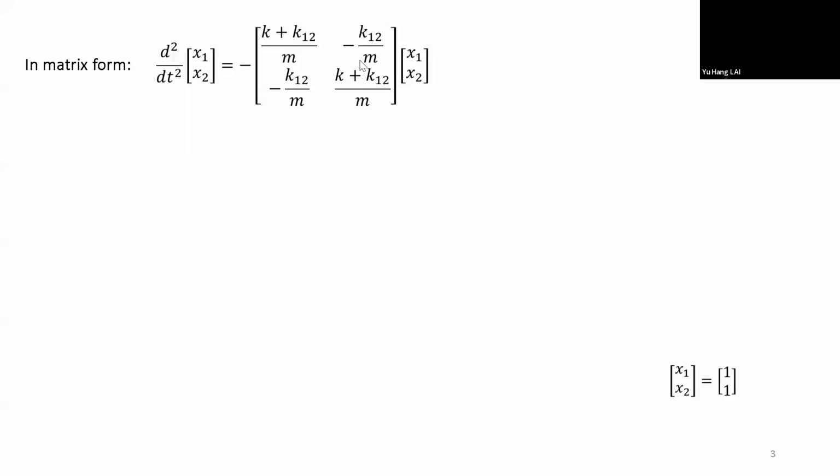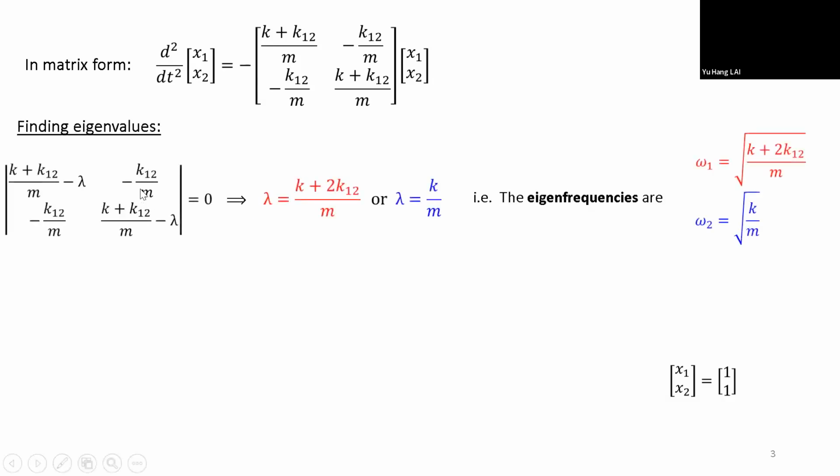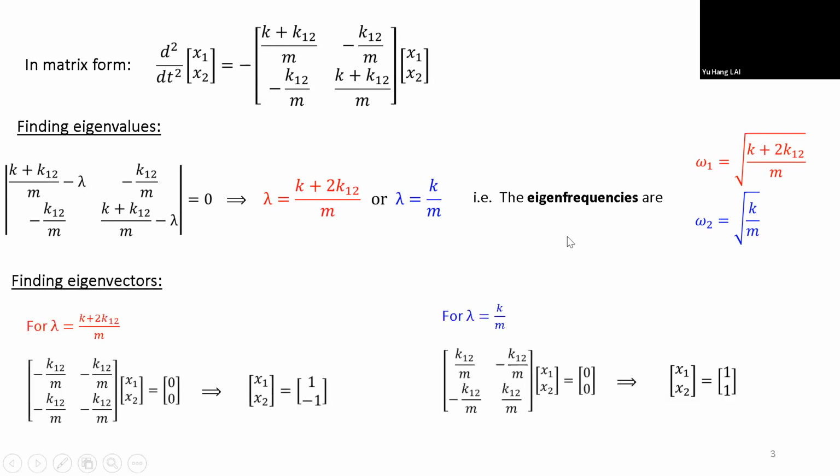The process is all written down over here. First, finding the eigenvalues. I call the square root of these two eigenvalues the eigenfrequencies, because you know that the solutions are sine and cosine. Then finding the eigenvectors for the two eigenvalues. This is what I got.